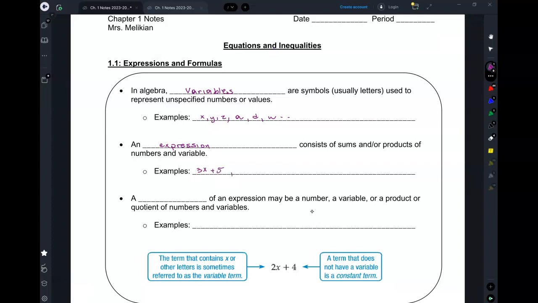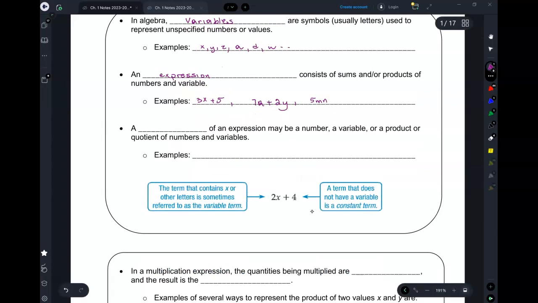Okay, that's an expression. 7a plus 2y, that could be an expression, right? 5mn can be an expression. Do any of these have an equal sign? No. Okay.